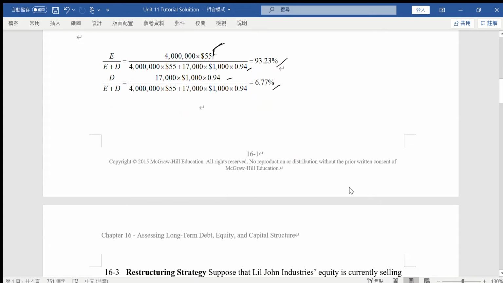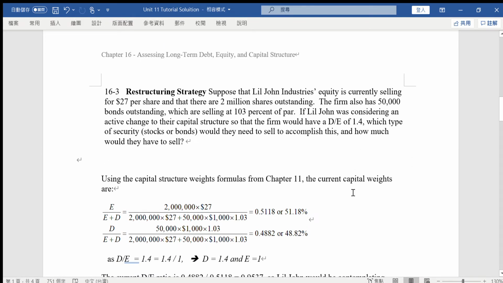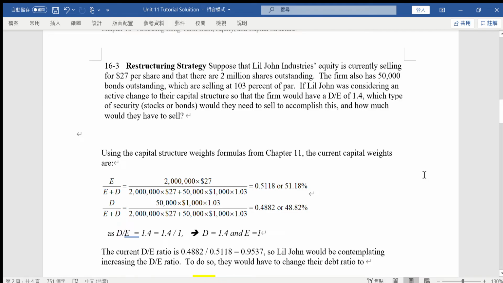Okay, the fourth question. Soluition Industrial Equities is selling at $27 per share, and has 2 million shares outstanding. The firm also has 50,000 bonds outstanding, sold at 103% of par.